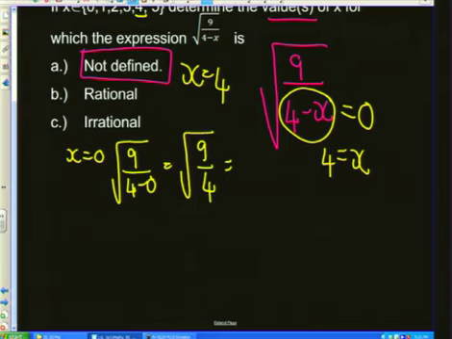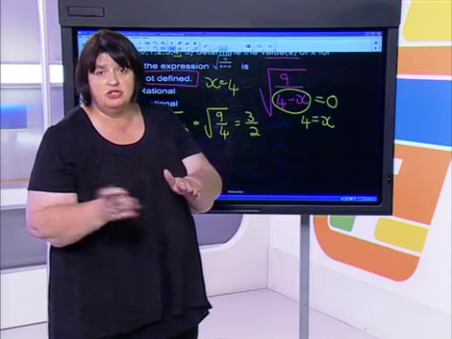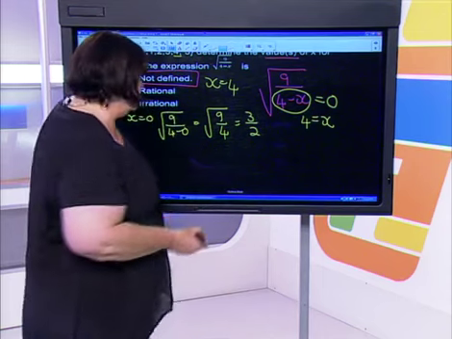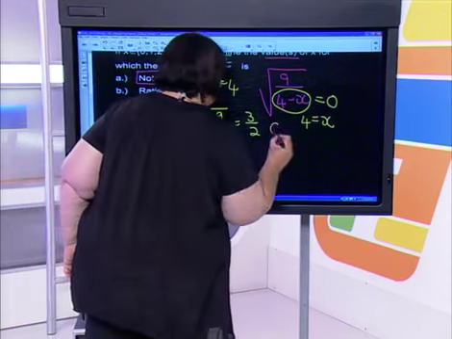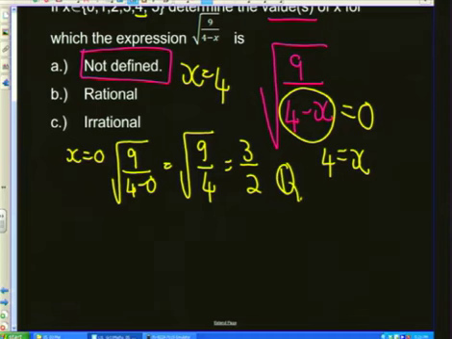And of course, that's good news because both of them are perfect squares, so we're going to get 3 over 2. Asking you this question, 3 over 2, would it be rational? Yes, it would, because it's written as a fraction, the denominator is not 0, and both of them are integers. So this is definitely rational. So that's my first answer for this one. So I can say x an element of 0.